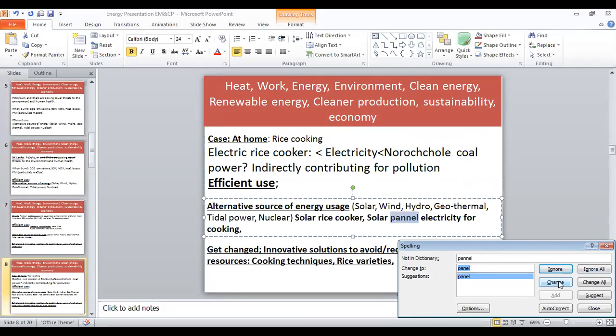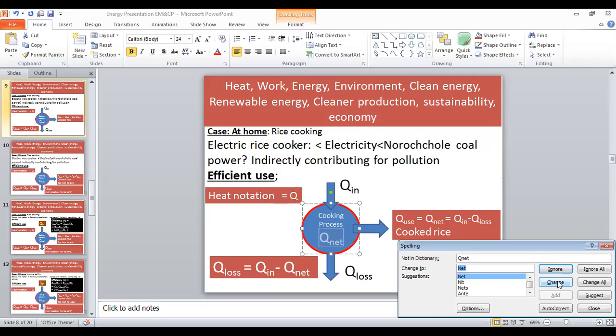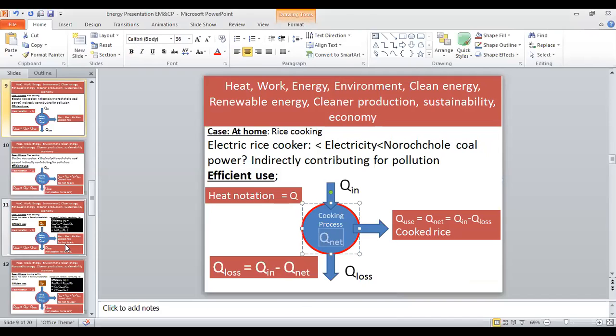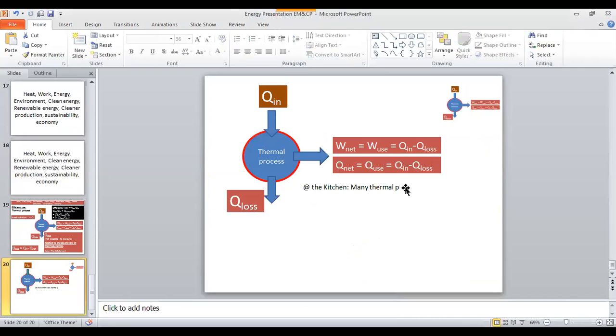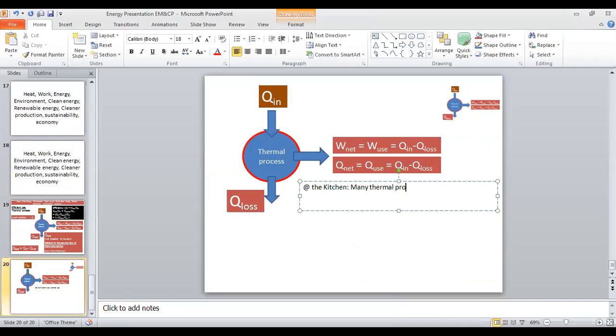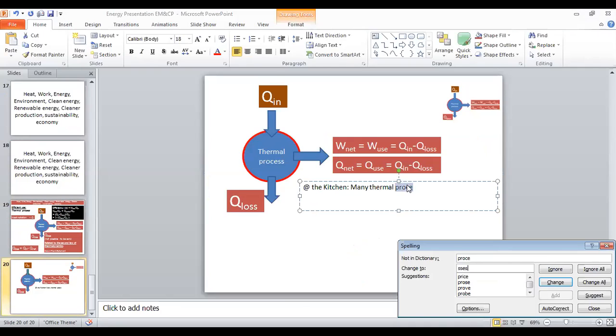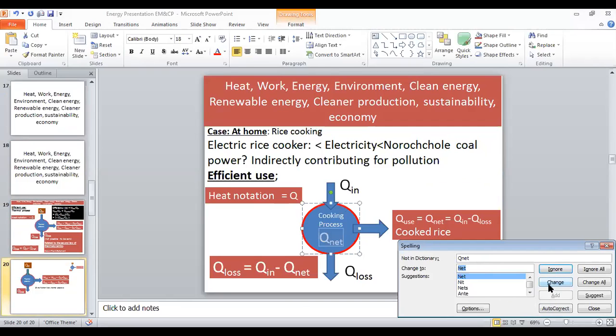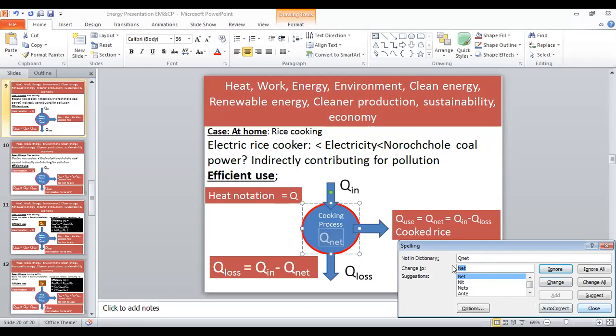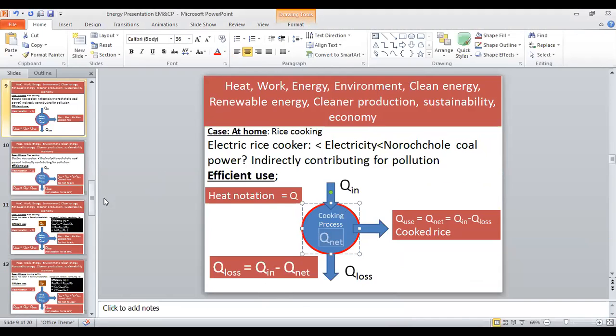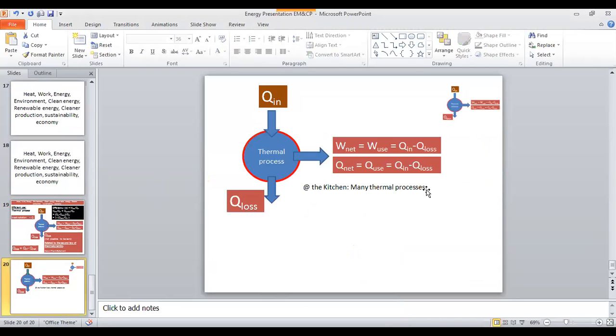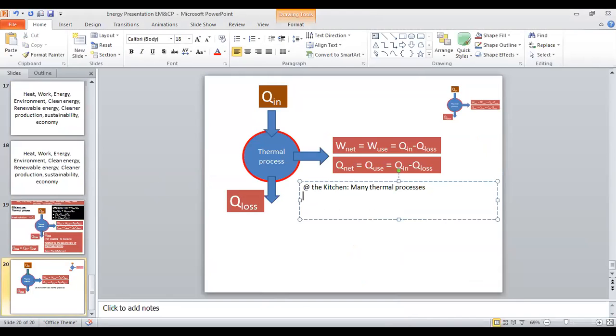You can see many thermal processes. I'm not going to describe.